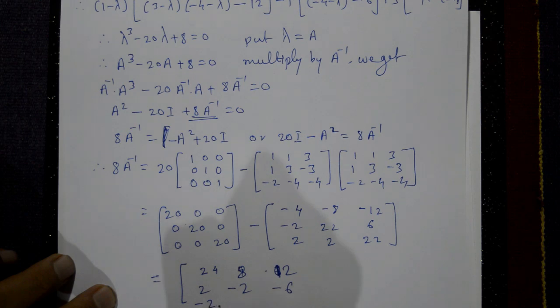First one minus 2 and minus 2, and 20 minus 2.